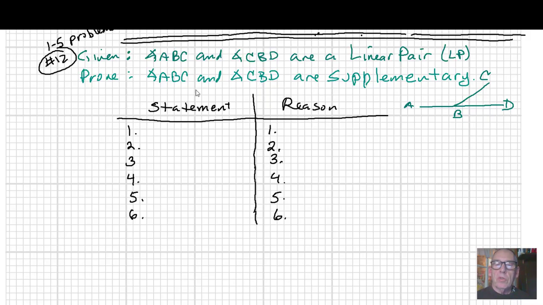So the measure of ABC plus the measure of CBD equals 180 degrees. And that means that ABC and CBD are supplementary by definition of supplementary angles having a sum of 180 degrees. So I'm thinking that's the way this proof will probably go. So let's see what we got.